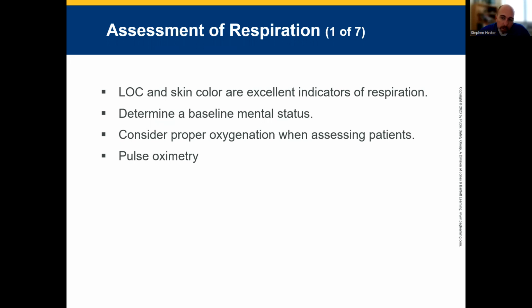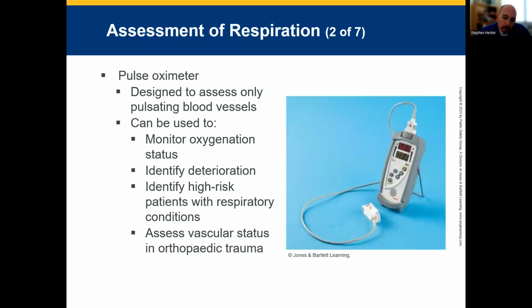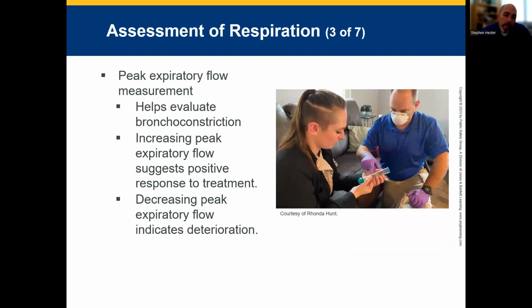All right, pulse oximetry, please remember that this is just a machine. It's a non-invasive way to tell possibly how much oxygen is circulating around in the capillary walls. All right.